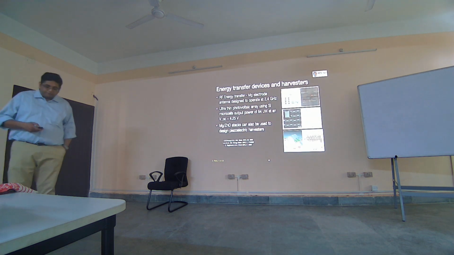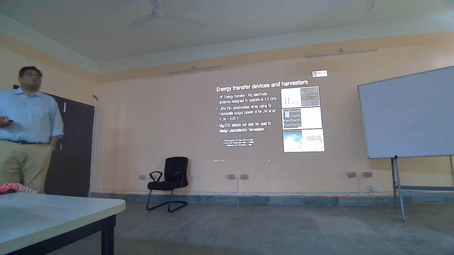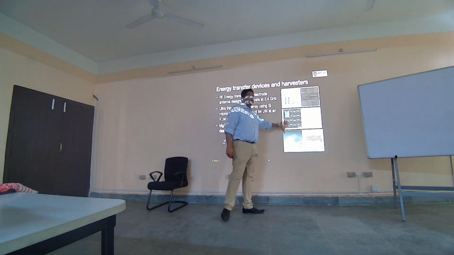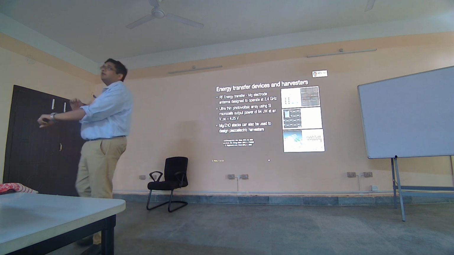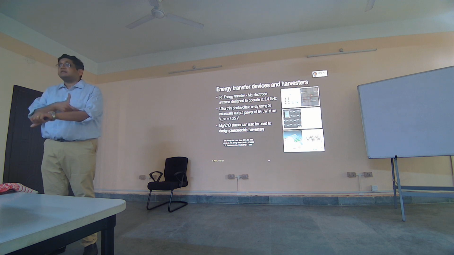And then obviously you have energy transfer devices and harvesters. For example, people have used RF energy transfer using magnesium electrodes to transfer energy from the Wi-Fi to the sensor on the body. So remember, all this work again, I would like to highlight, has been done on sensors placed outside the body. People have still not identified this or integrated this with something which can be stuck inside.